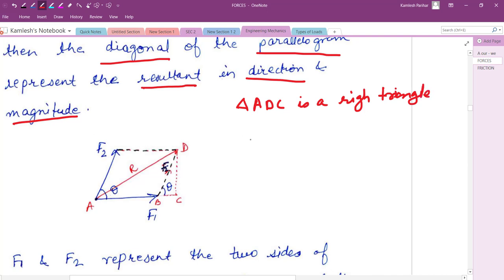So the diagonal AD is the hypotenuse of this right angle triangle. You all know hypotenuse square is equal to square of base plus square of perpendicular.